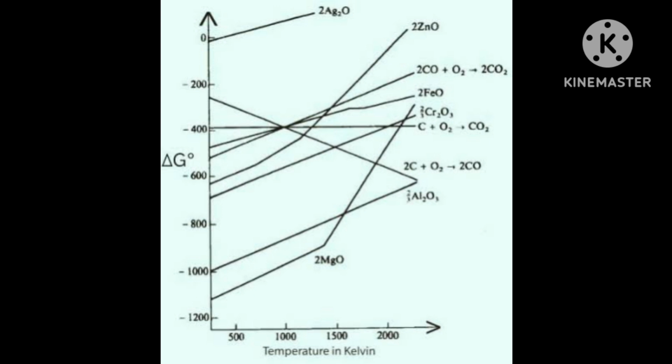Only when the phase is changing will randomness, that means entropy, change. So the delta S value will increase on changing the phase, from solid to liquid or from liquid to gas.